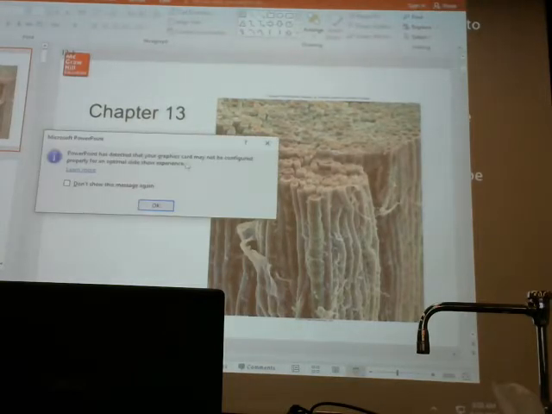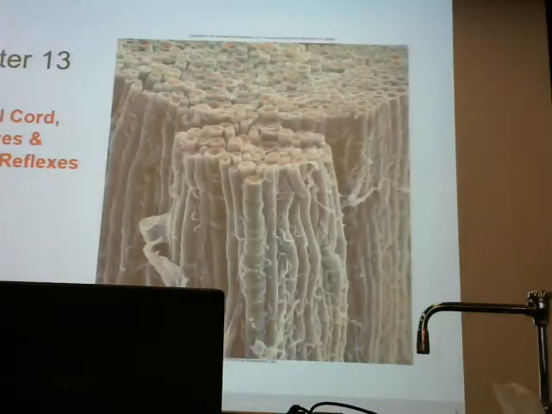Did they happen to get to that point in part 1? Distinguishing between the central and the peripheral. What are the components of the central nervous system? The brain, my spinal cord.